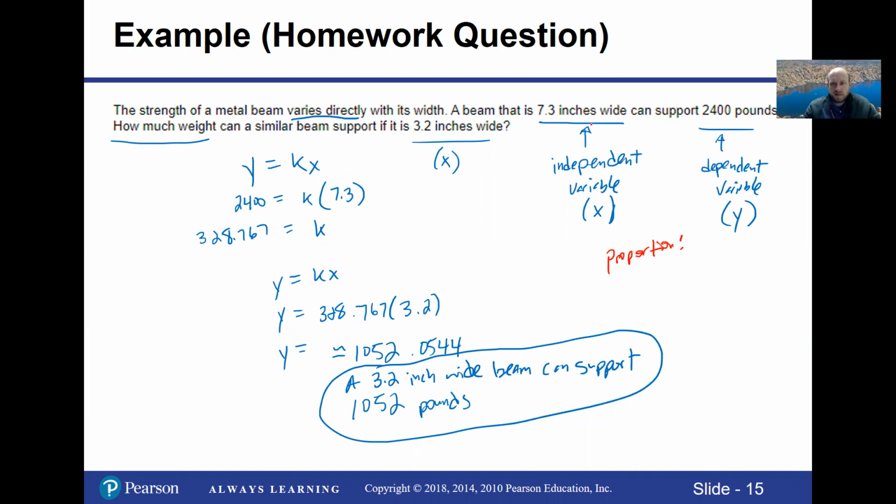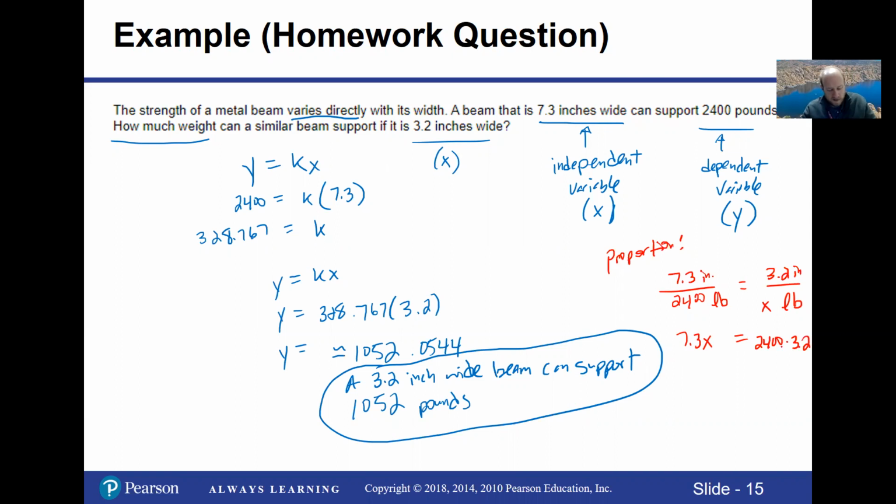You could set it up as a proportion. You could say 7.3 inches, the label doesn't matter, over 2,400 pounds is equal to 3.2 inches over x pounds. And then you would just cross multiply. So I would take 7.3x equals 2,400 times 3.2.